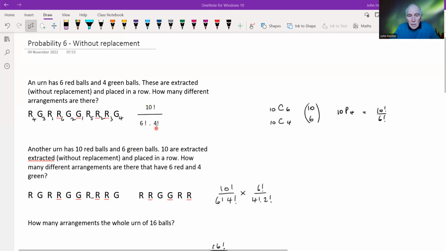This always works out as an integer, by the way. When we cancel, 6 factorial will knock out the last 6 of the terms here, so that will be 10 times 9 times 8 times 7 divided by 4 times 3 times 2 times 1, and that's going to work out to be an integer.